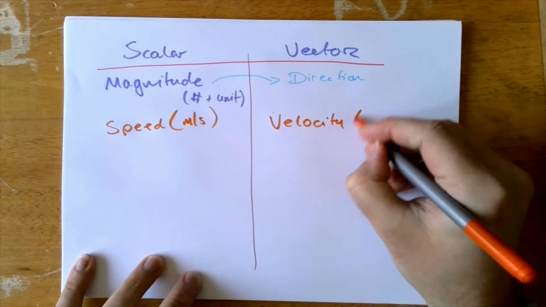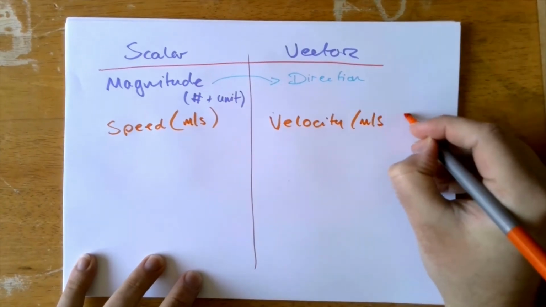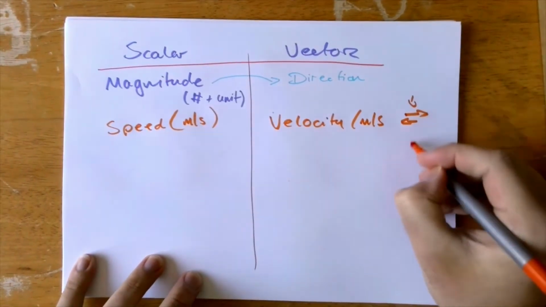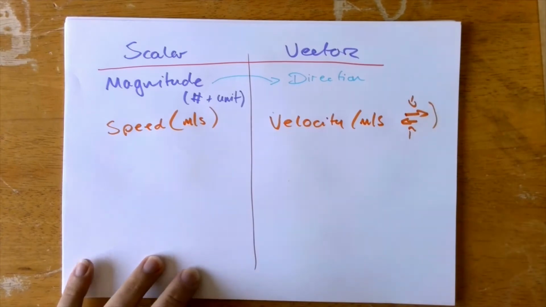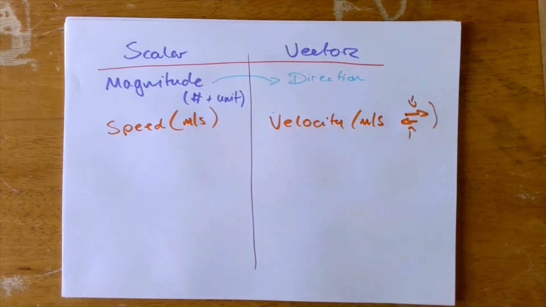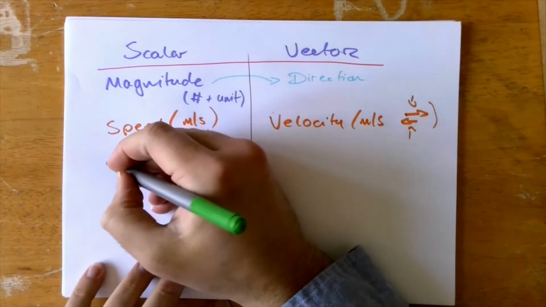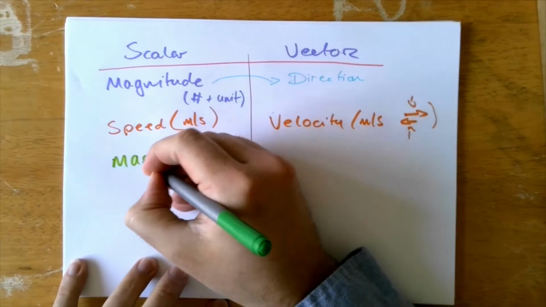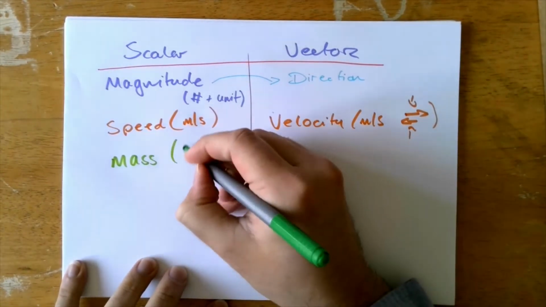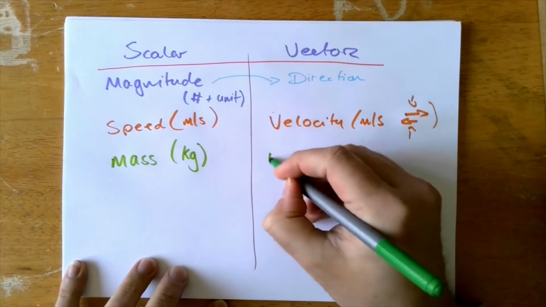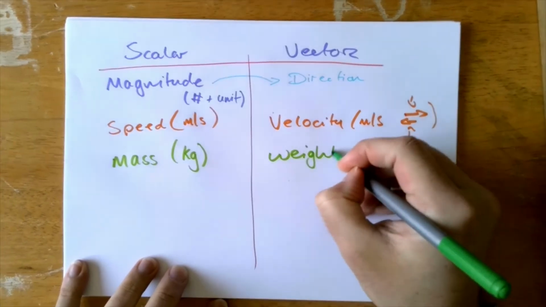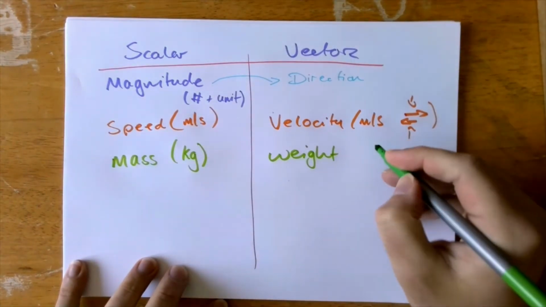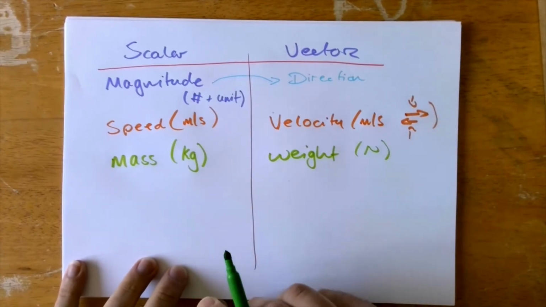The units of velocity, meters per second, and a direction. Up, down, left, right, north, whatever happens to be the case. We've already talked a little bit about mass. Mass has got no direction. Its units are kilograms. Weight, however, is the effect of gravity on mass, and it does have direction. It's a force.